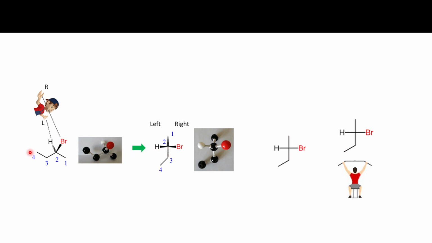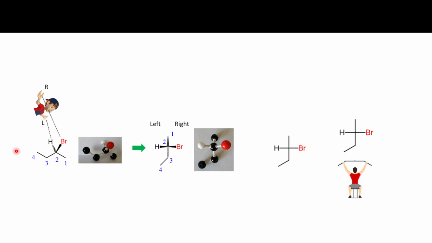First of all we number the carbons 1, 2, 3, 4, and you are seeing the molecule from this left side. When you see the molecule from the left side, your bromine is on the right-hand side.